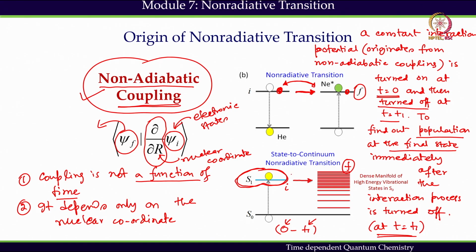The probability of non-adiabatic transfer of population is nothing but the population which I have finally in the final state. We will assume that there was no population in the final state before the interaction process was turned on, and we have to find out the final state population with the help of time dependent perturbation theory.